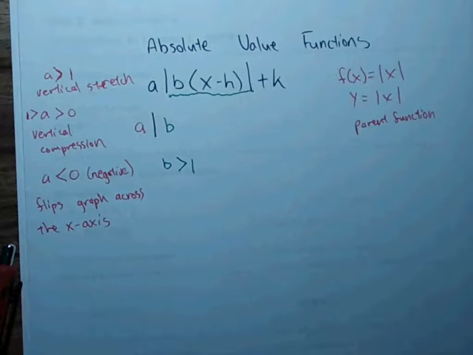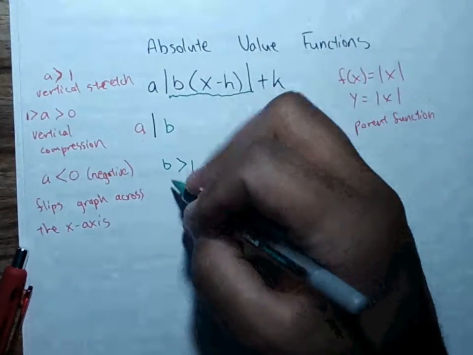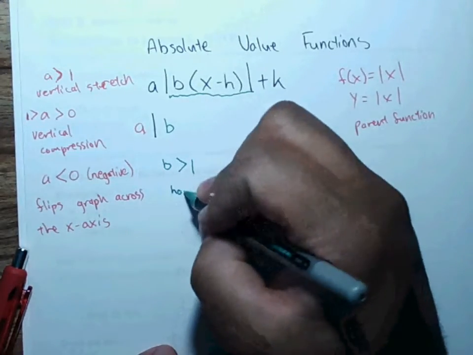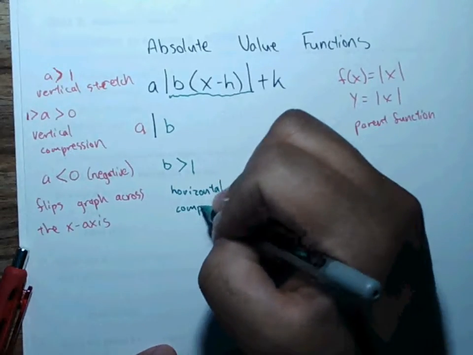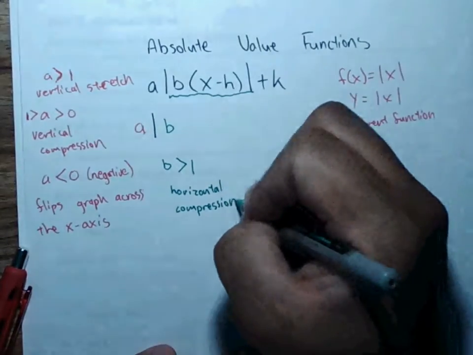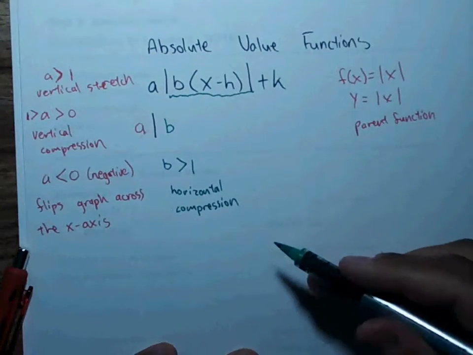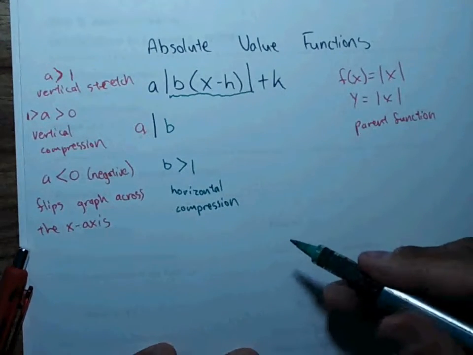Because when I think about plus or positive, I'm thinking about going to the right on a coordinate grid, and going up on a coordinate grid. But inside the absolute value symbol is a little bit different. So if b is greater than 1, it is going to be a horizontal compression, which is counterintuitive. It's actually going to compress the graph instead of stretching it.